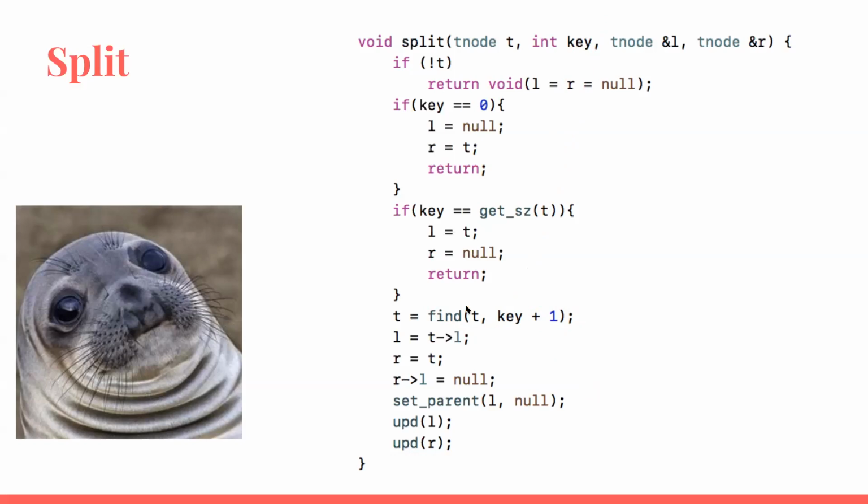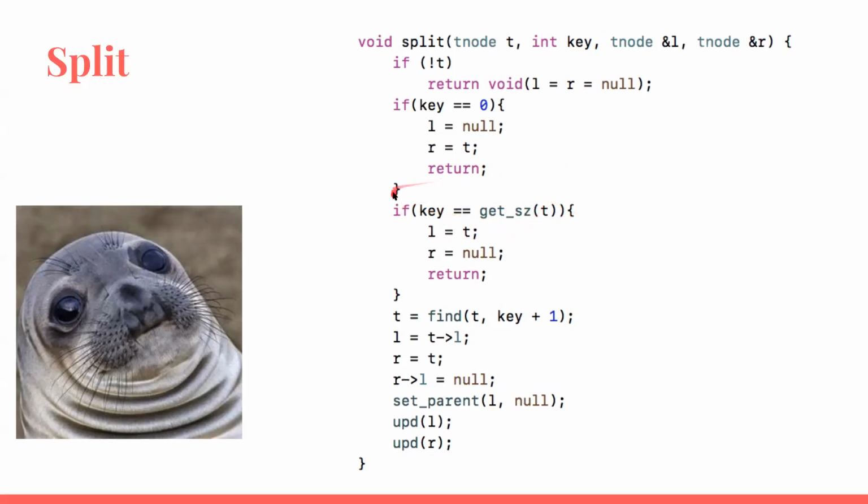So we want to find the first element that will not be in our left node. So we are sure that this vertex does exist, because if it did not exist, we would have true in this if statement.